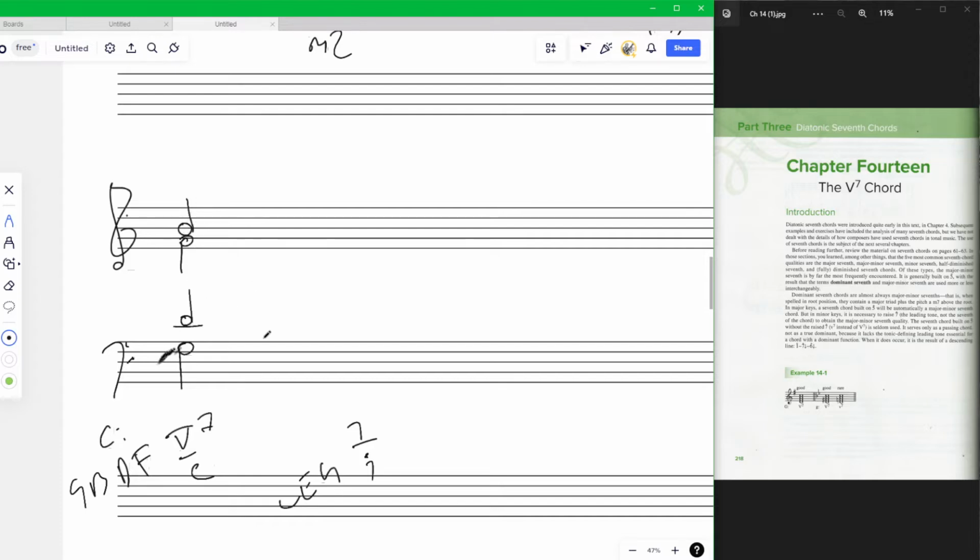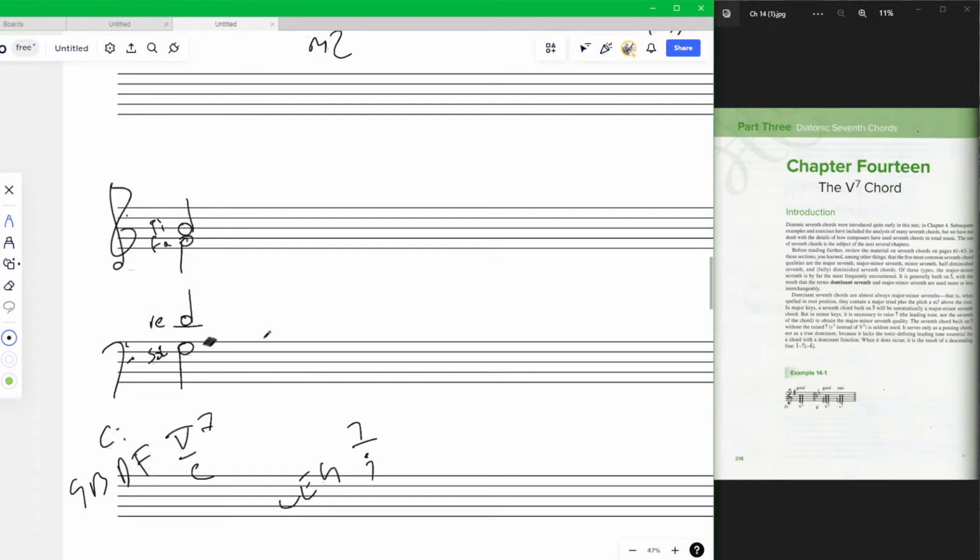Okay, so let's take inventory now. Here's Sol. This is D. What is it? Re. F, which is Fa. B, which is Ti in the melody, in the alto. All right.